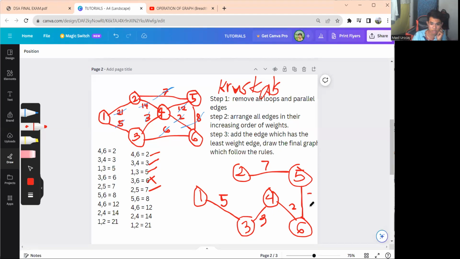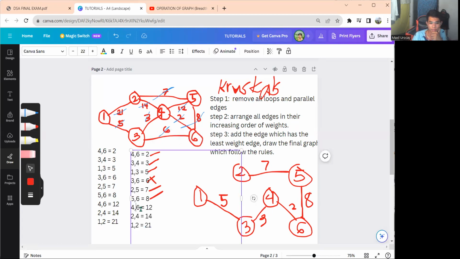So that is 8. So therefore, 4 to 6, I'm sorry class, we have a trouble here. It should be 4 to 5 for the 12. Sir made a mistake. Which is 12. Our edge was duplicated. Sorry, I'm only human.